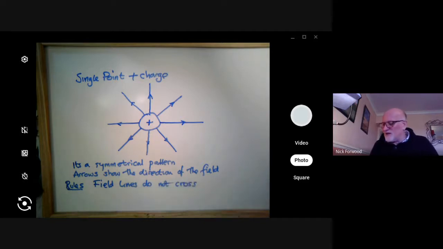And we can tell what's going on with the field: field lines that are close together show a strong field.